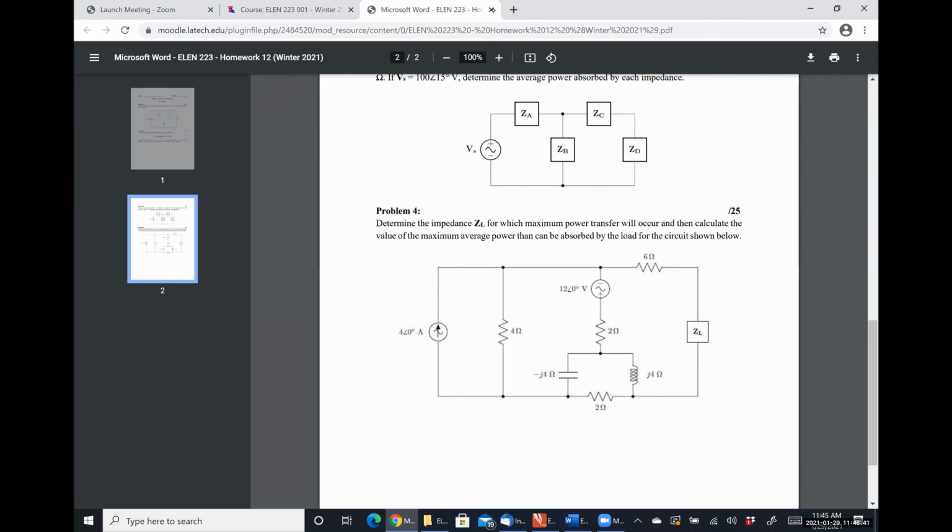Yeah, you immediately went for looking for R7, and you can absolutely do it that way, but you have to do a delta Y transformation here because of the way this is set up. When you convert this to a Y network, the 2 ohm resistor would be in series with something, and then you'd have an impedance over here and an impedance over here, and the network would simplify easily.